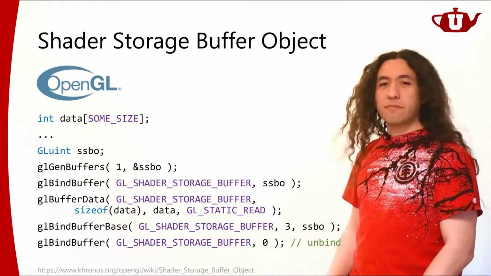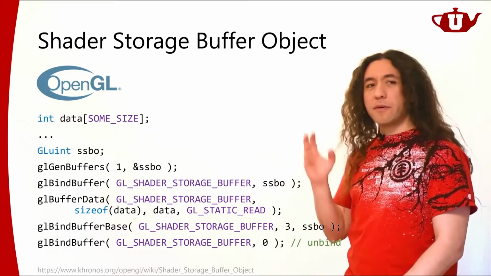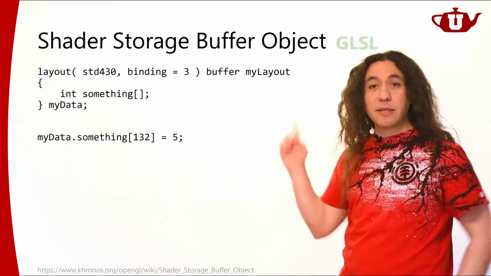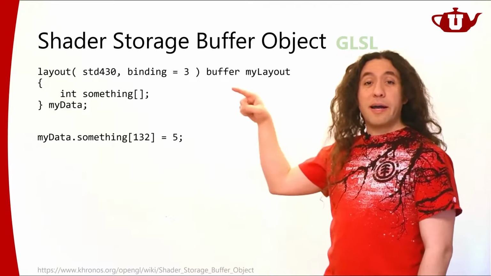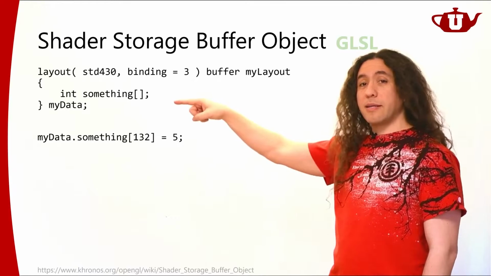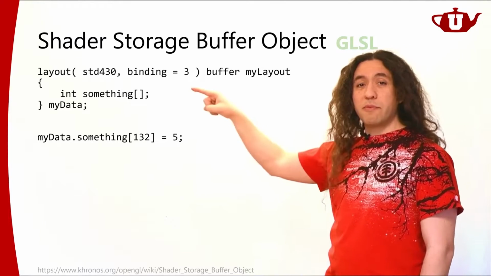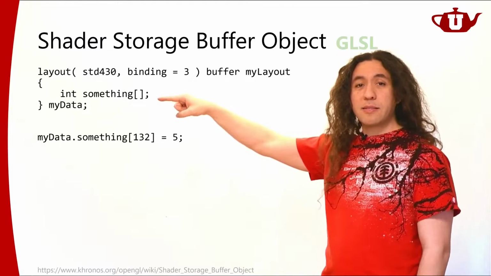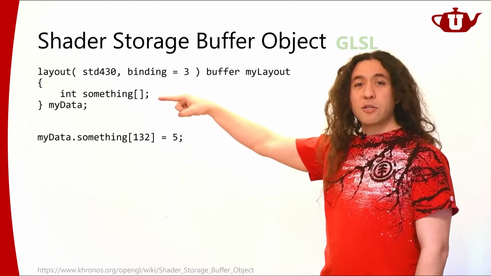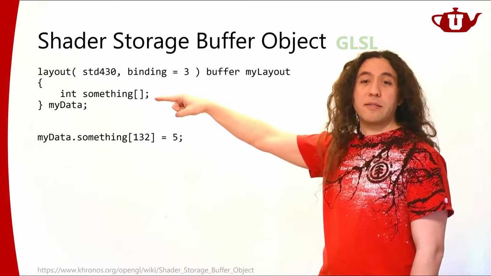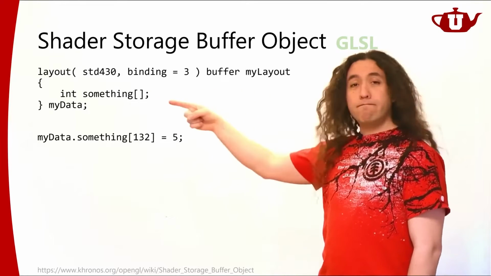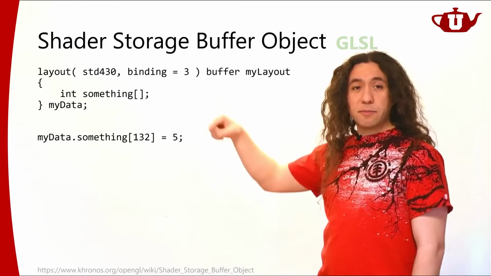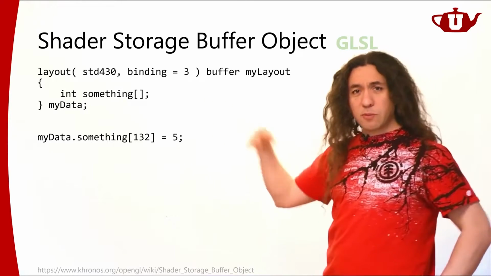Whatever it is, I just dump my data into that buffer, and then I'll have access to it in GLSL. I specify my structure, whatever it is. I say, hey, this was my buffer with binding 3. This is my structure, and it has an array in it of some size. I don't even specify the size here. Whatever the size of the buffer is, that's the size.